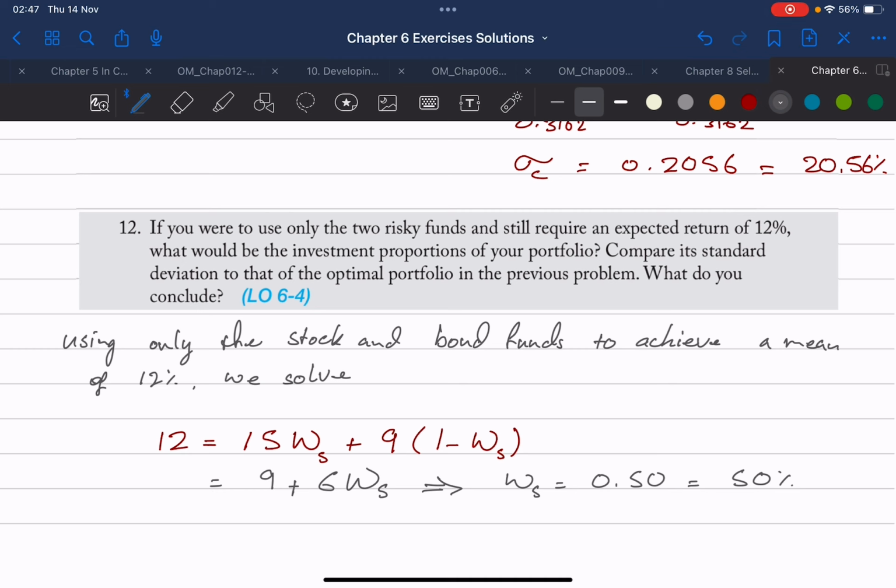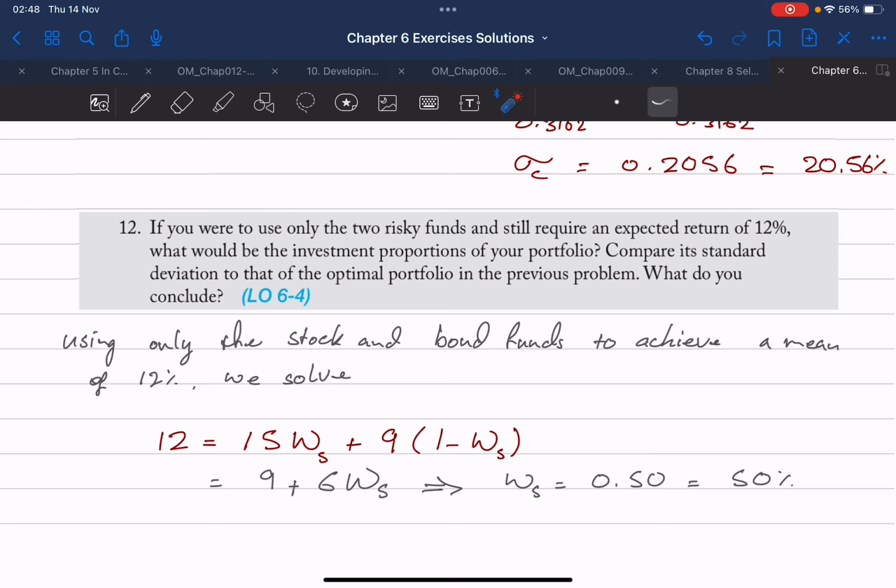I hope it's clear what I have done here. I've only distributed the 9 here. So 9 multiplied by 1, that would be 9, minus 9 multiplied by WS, that would be negative 9 WS. And then you simplify using your math skills. Now, knowing that we are going to allocate 50% in the stocks, that means the bond fund will also get the other 50%.